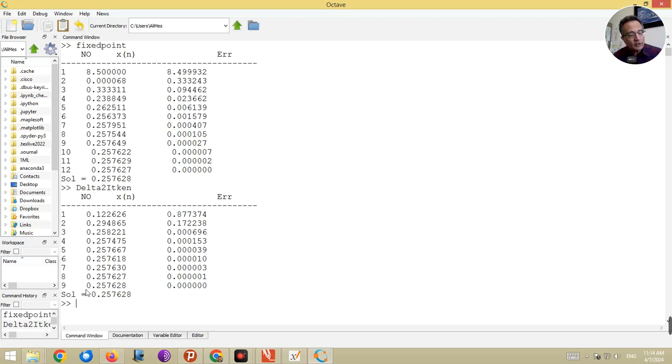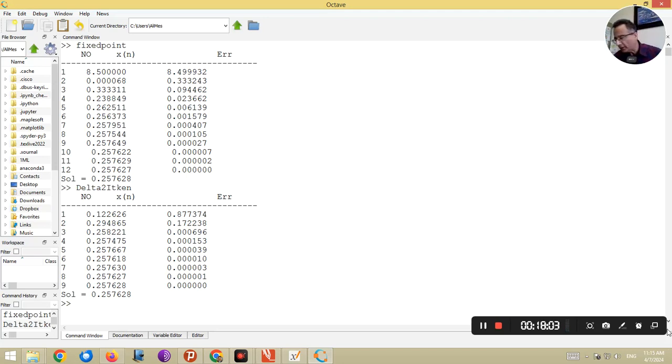We will get the solution in just 9 iterations, 3 iterations less than the fixed point. So if the fixed point method is linearly convergent, the delta squared Aitken converges to the root of the equation with a rate of convergence higher than 1. These are some examples of the convergence of the delta squared Aitken.